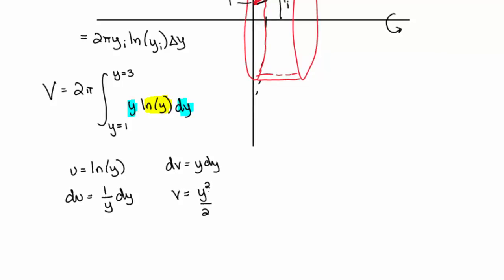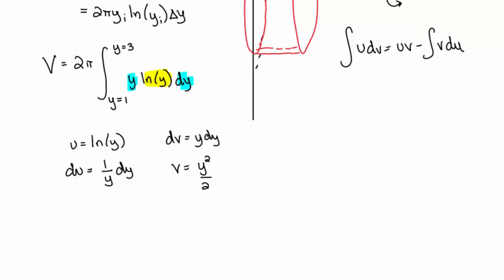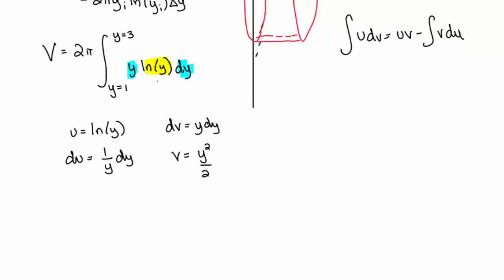And now recall that by parts gives you, if you are starting with the integral of u dv, it's equal to uv minus the integral of v du. Okay, so in this case, we do have u, and we have these two pieces right here, which are dv.